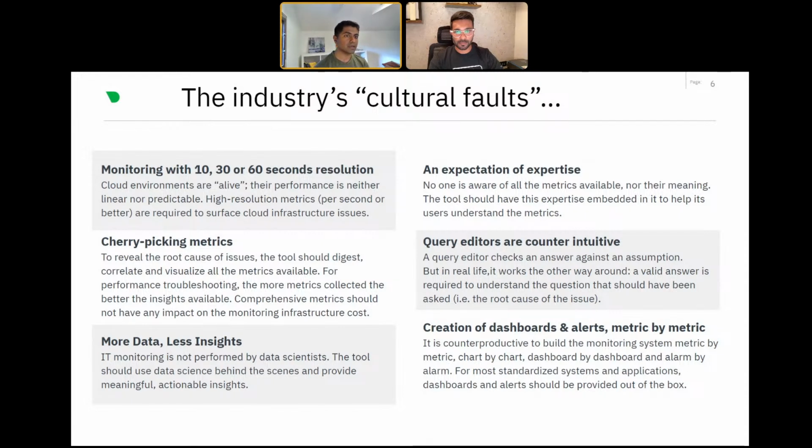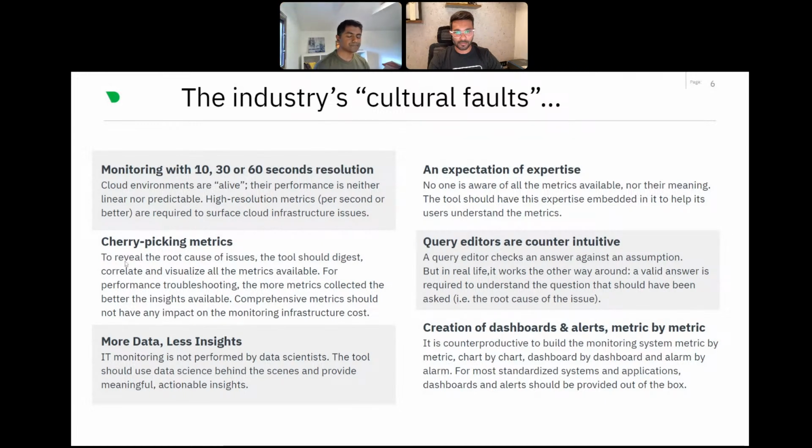But what happens is, usually with tools, you have to manually decide which metrics you need to monitor, for which you need to know which metrics. So it's kind of a chicken and egg situation, because you're not necessarily the expert of everything. And also with many of the commercial tools, the more metrics you have, the more you need to pay. So it becomes a cost versus value discussion, which is also not ideal when it comes to just visibility and monitoring.